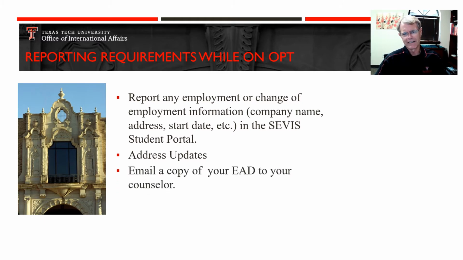And then finally, when you apply for OPT, you will put as your address where you would like them to deliver the card, your home address. And so that card will go to that home address, so you need to make sure that that address is accurate in SEVIS. And then after you get your card, you need to send a copy of that EAD/OPT card to your international student counselor.